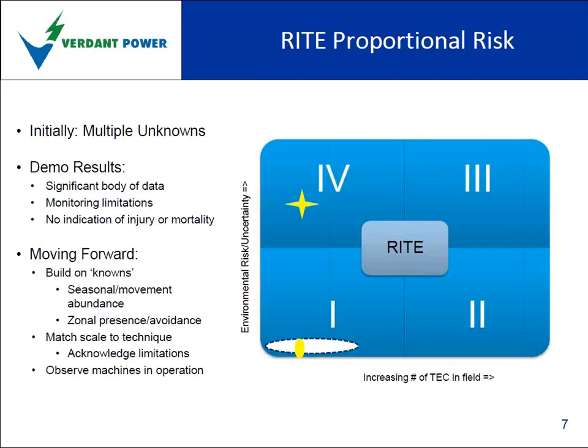And what actually happened through the demo is a much lower actual observation of risk in the demonstration, as shown by the yellow dot.